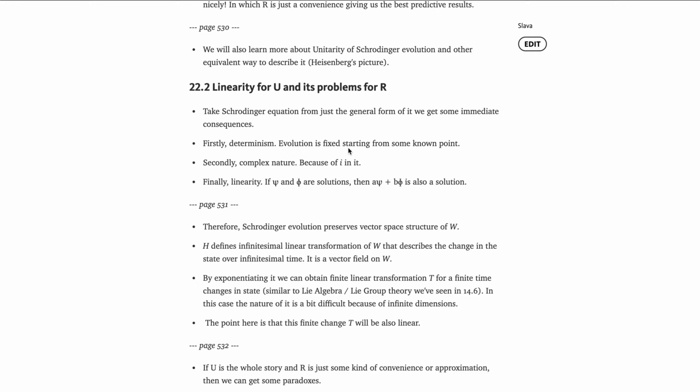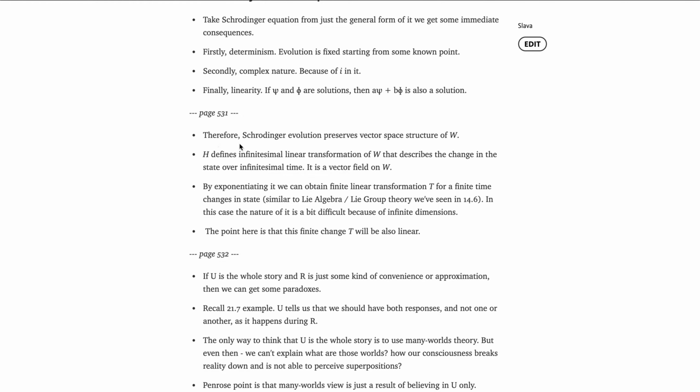But the Schrodinger equation is about local solutions, or infinitesimal things, and therefore on the next page Penrose talks about how Schrodinger evolution preserves the vector space structure of the wave function space, and the Hamiltonian defines an infinitesimal linear transformation of our vector space W that describes the change in the state over infinitesimal time.